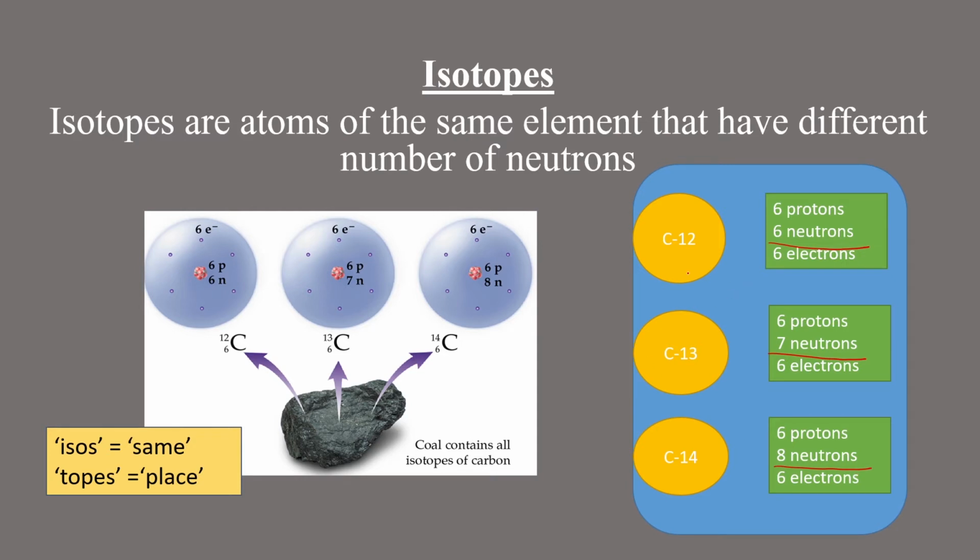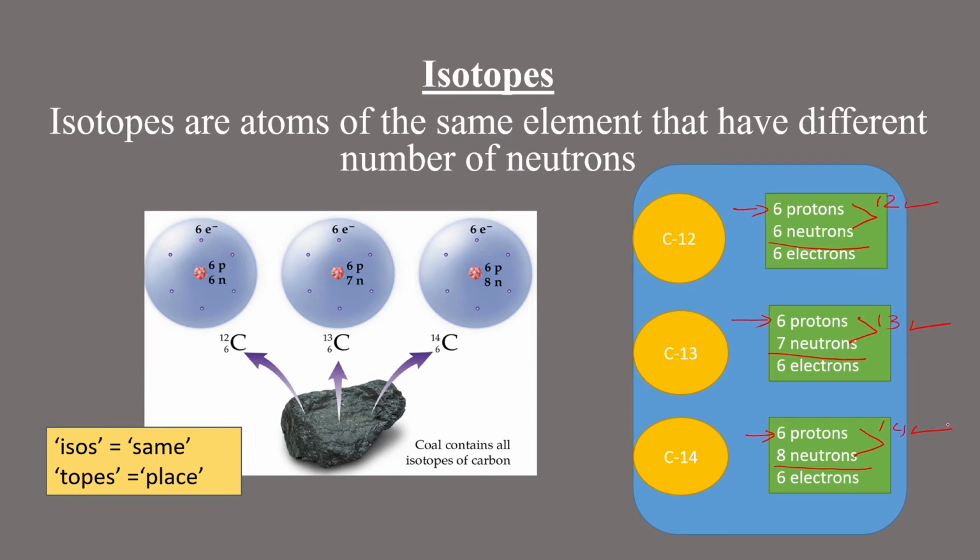But all these 3 types of carbon have 6 protons in them. And as long as there are 6 protons, all these atoms will be called carbon atoms.